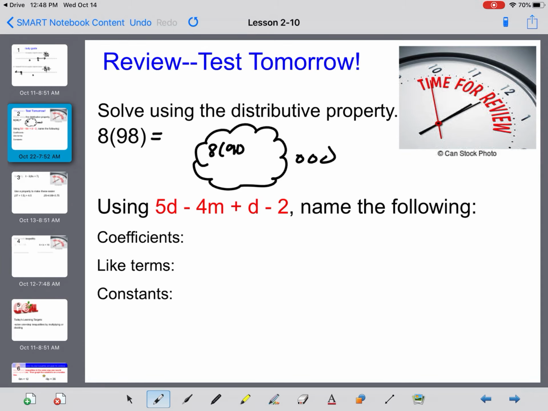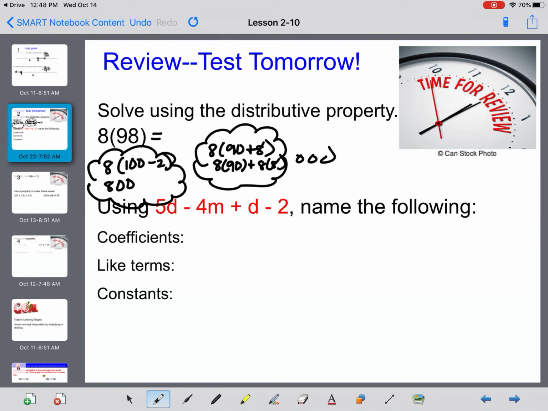So 8 times 90 plus 8 times 8. Or you could do what I think would be easier. Instead of doing it as an addition problem, you could do it as a subtraction problem and think 8 times 100 minus 2. I think this is your easiest route for doing mental math.